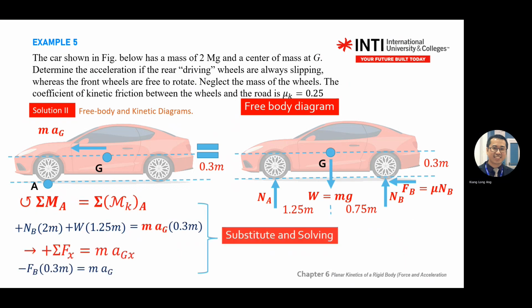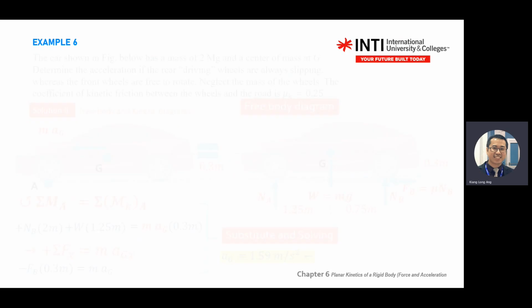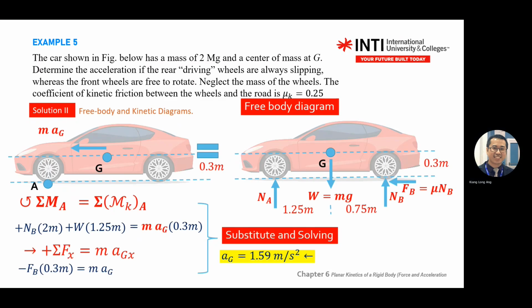Same. There's one mistake here, I think. This doesn't have 0.3, because of forces. There's a typo on my slides. So for example 5, you have 2 methods.